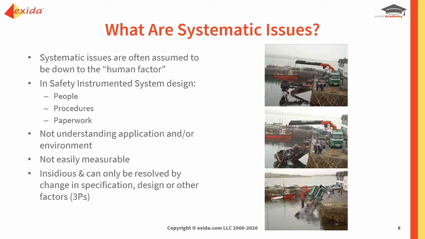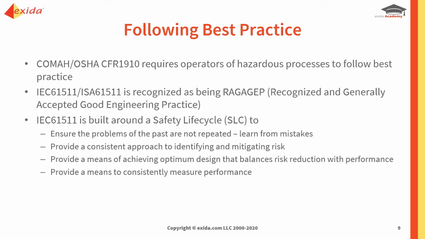And then the other factors are these 3 Ps, of course. And the IEC 61511 does emphasize the need to be able to manage systematic issues, which of course means having a proper functional safety management program in place to manage those particular issues. It also means we have to follow what's known as RAGAGEP, recognized and generally accepted good engineering practice.